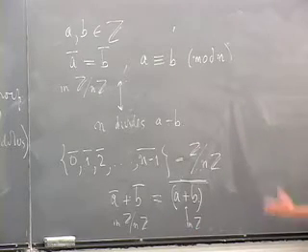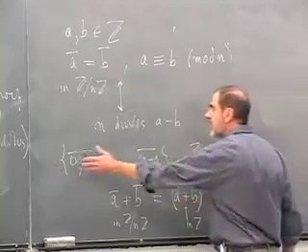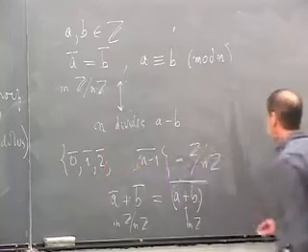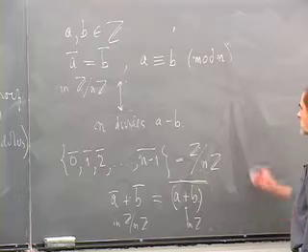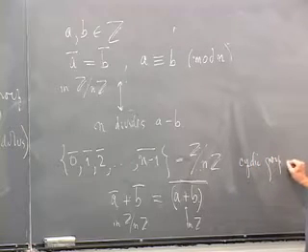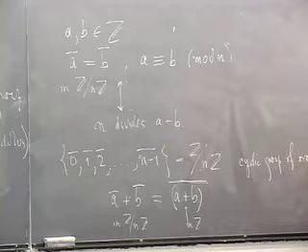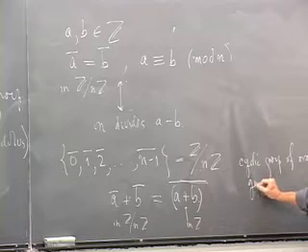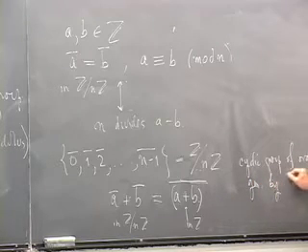And this gives the structure of a group on this set of n elements. And in fact, it's a cyclic group of order n generated by the class 1 bar.